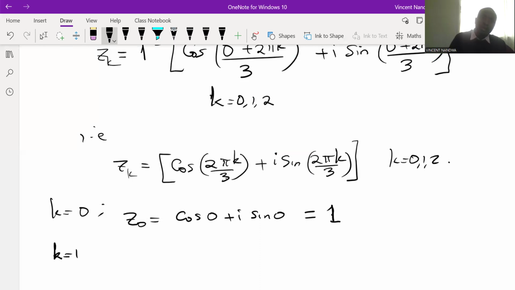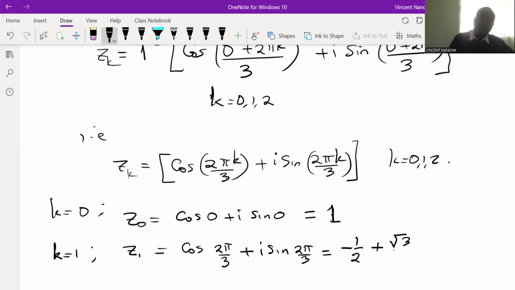When k is 1, you replace k by 1, so z1 will be cos 2 pi over 3 plus i sine 2 pi over 3. This will give you minus a half plus root 3 over 2 i.